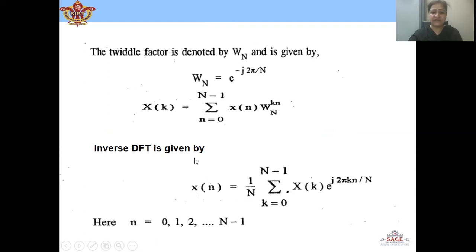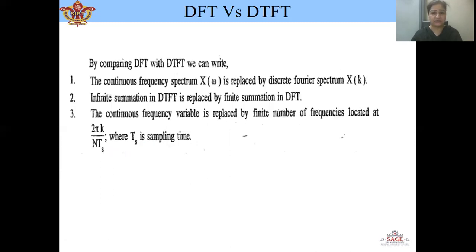Now the inverse DFT x[n] is given by this formula: 1 by N summation k equal to 0 to N minus 1 X[k] e to the power j 2 pi k n upon N, where n has values from 0 to capital N minus 1. Now if I compare DFT and DTFT, I'll say that the continuous spectrum X(omega) of DTFT is replaced by the discrete Fourier spectrum of DFT.